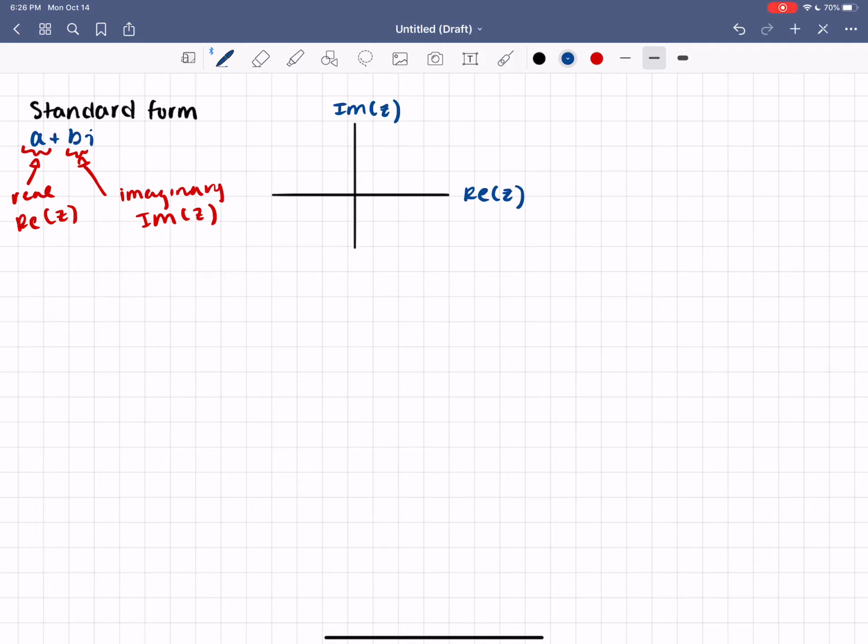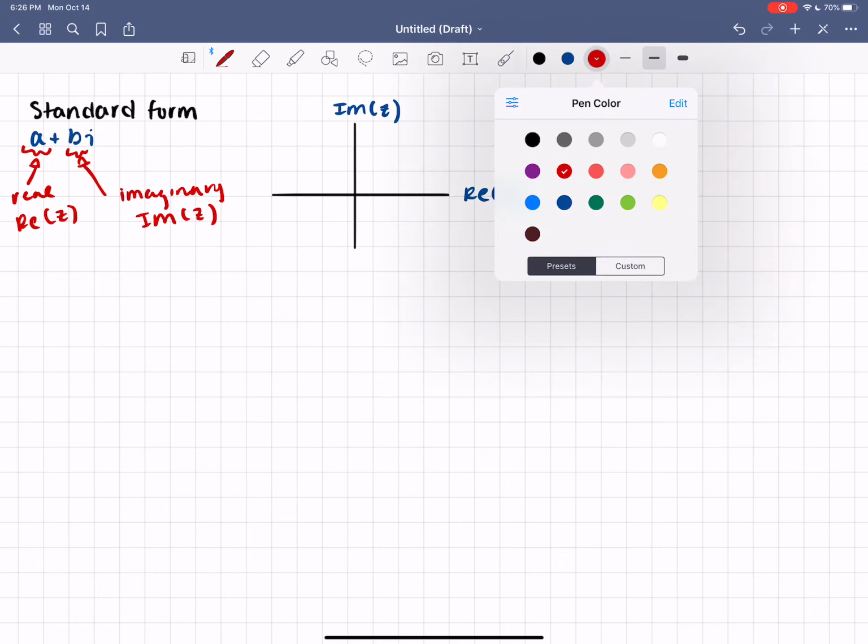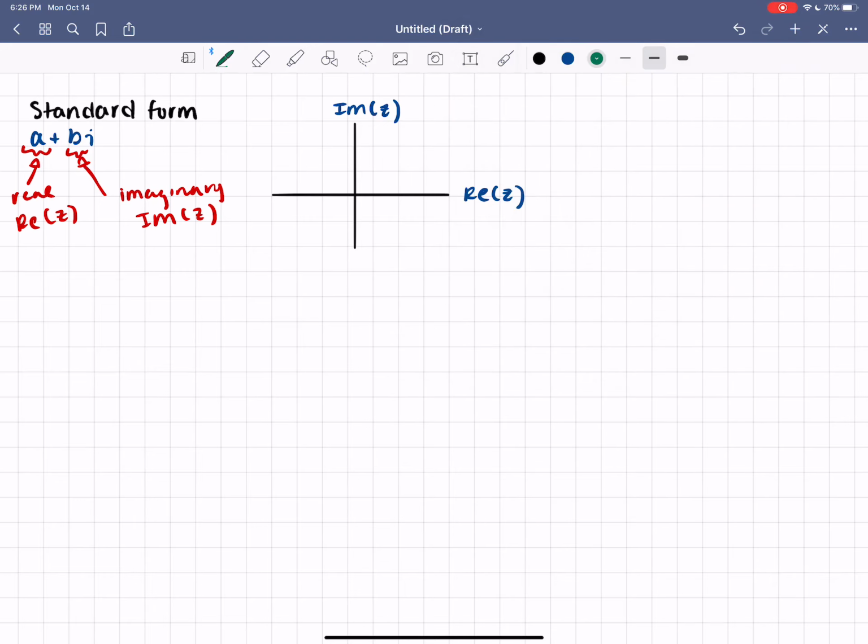So let's take an example: 5 plus 3i. My imaginary number is 3, so it would look like that. And then my real number is 5. And so the point would be right there.